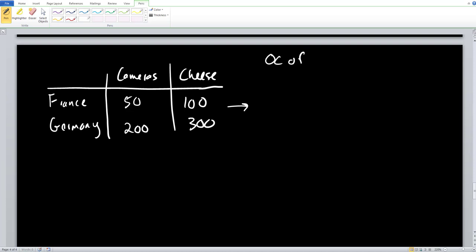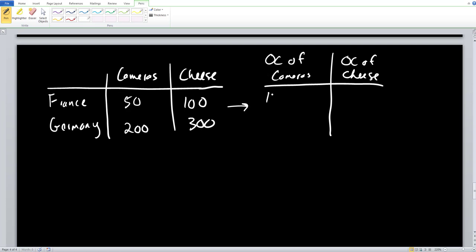So opportunity cost of cameras, and then opportunity cost of cheese. In order to find the opportunity cost of cameras, what do we need to do? We need to immediately throw the other good on top. Remember, opportunity cost of good A is always set in terms of good B. So you throw the 100 cheese on top, keep the 50 cameras on the bottom. Opportunity cost of cheese, we throw the cameras on top, we throw cheese on the bottom.